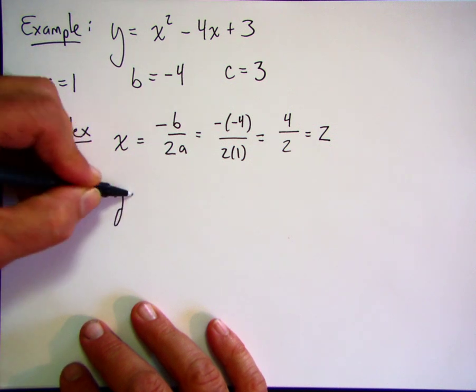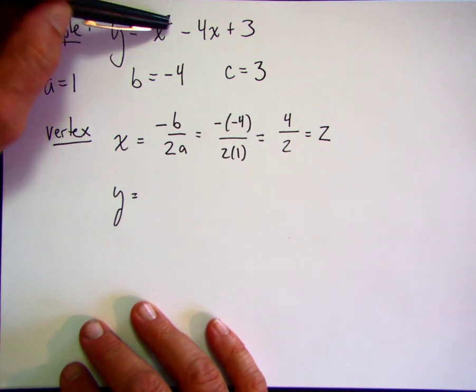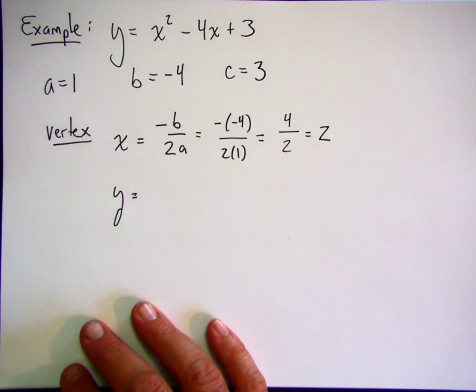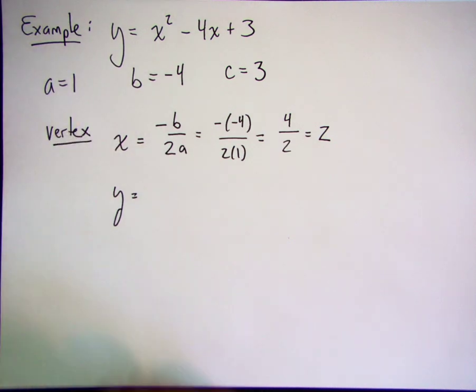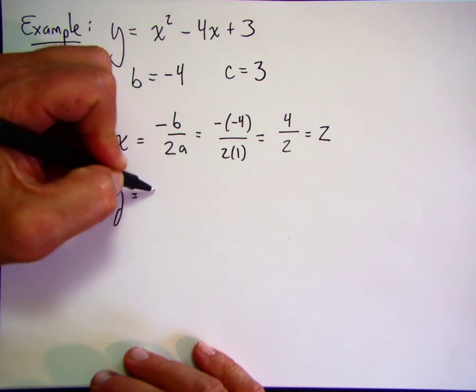Now to find the y value, let's look at y is equal to x squared minus 4x plus 3. We know what x is, so to find y we just plug it in, and that always works. If you have two variables and you know the value of one, to find the second you just plug it in.